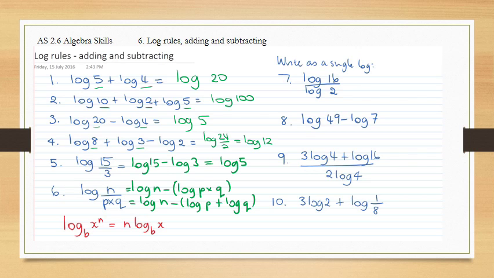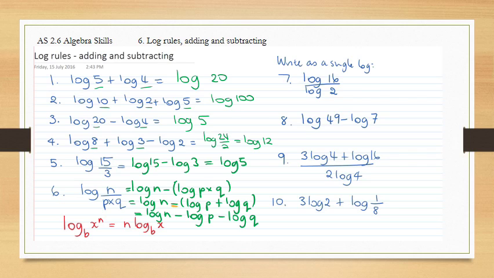Now the last step is to deal with the subtraction sign here, which makes this negative and this negative, so we rewrite it as log n subtract log p subtract log q.